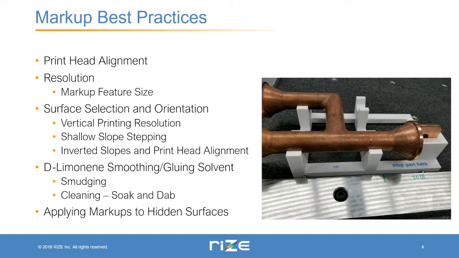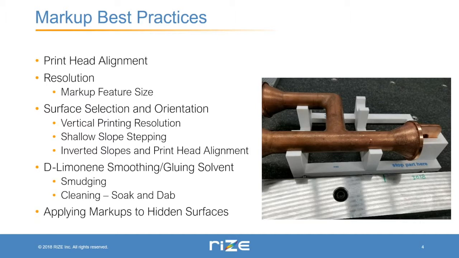Another thing to be aware of is that the primary material that we use at Rise, Rhisium-1, is very chemically resistant, and so we have to use a specific special chemical that we call D-limonene in order to glue parts together, and it's also useful for several other applications, including smoothing parts. One thing that it's useful with regard to markups is being able to remove unwanted markups or spots of ink.